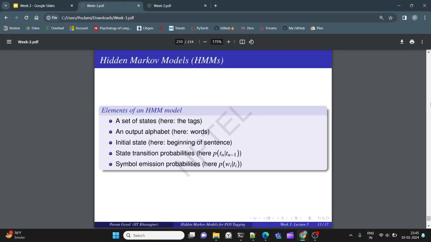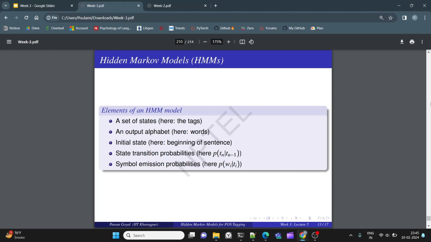In hidden Markov model, we have a set of states which are the tags. So tags are the hidden states, and the output are the words which we can observe, and words are being emitted by the tags. We have an initial state which is the beginning of a sentence. We also observed this in the practice problem. Then we have state transition probabilities.